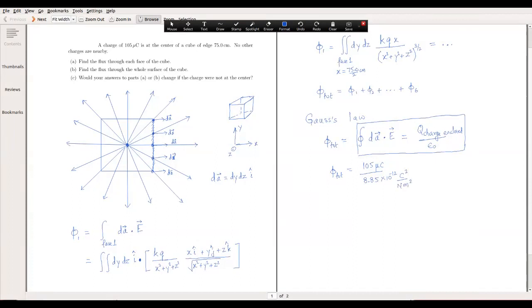If I invert this out, I immediately get, without much work at all, right? I just have to divide a number. In fact, it is just scaled. So phi is 105 divided by 8.85, and that's 11.86.